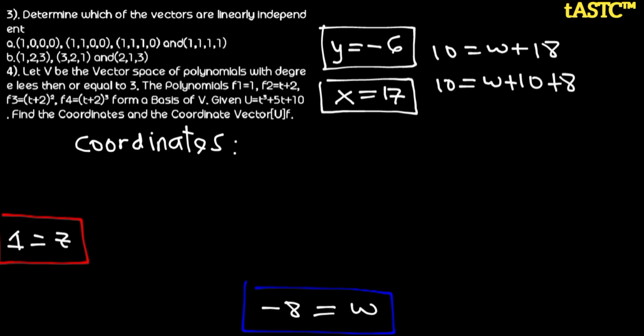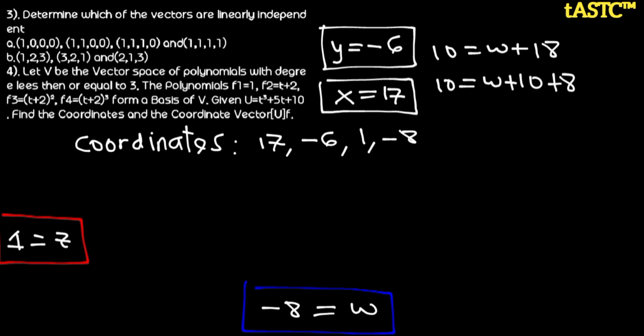I'm going to make it more chronological, so let us start with the x. We have 17. You have the y, that is negative 6. You have the z, that is 1. And, well, I guess we're just going to write the w as the last. That is going to be a minus 8.